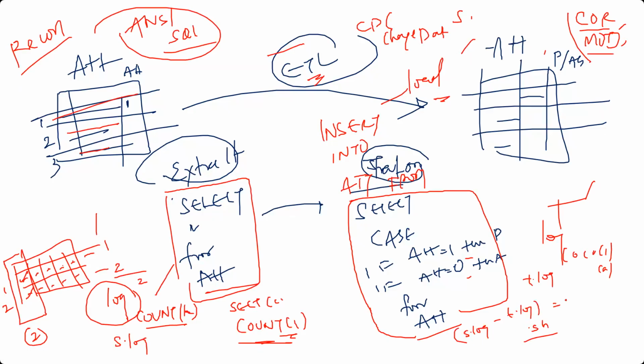If the diff is equal to 0, then the recon is successful. If the diff is greater than 0, then something is wrong: the source has more data, the target has less data. It will not be less than 0 because the target will not get more tuples. That's pretty rare. You will typically get more tuples in the source rather than in the target.